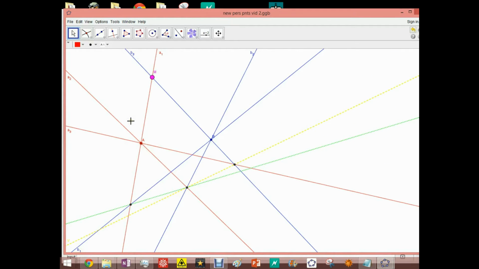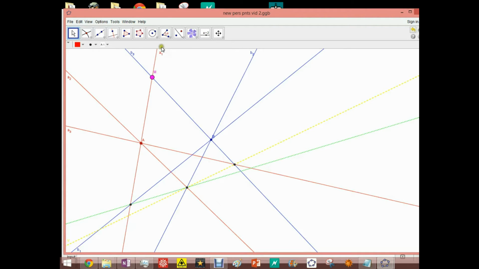Okay. So now what we're going to do is find out how these three lines concurrent upon A end up getting mapped onto M via this yellow line V. So let's have a look.